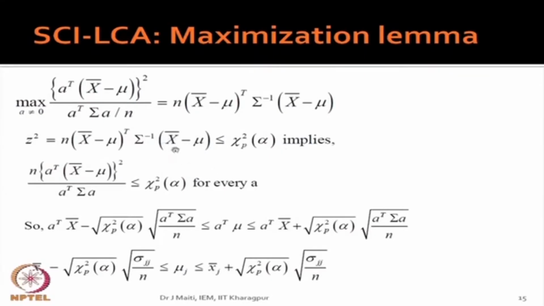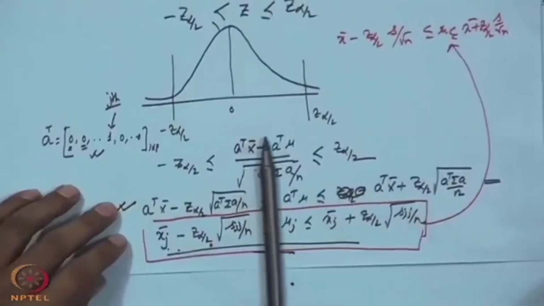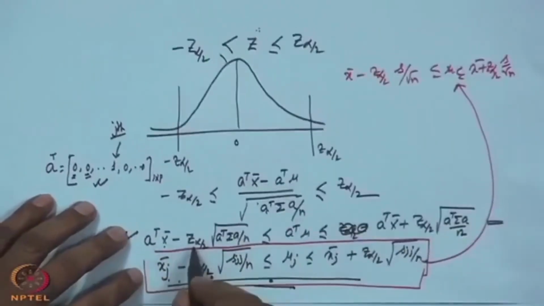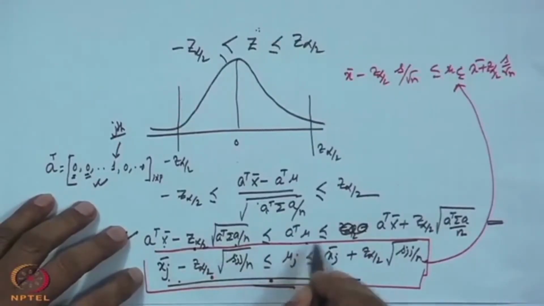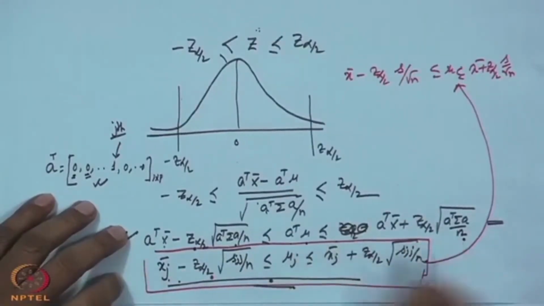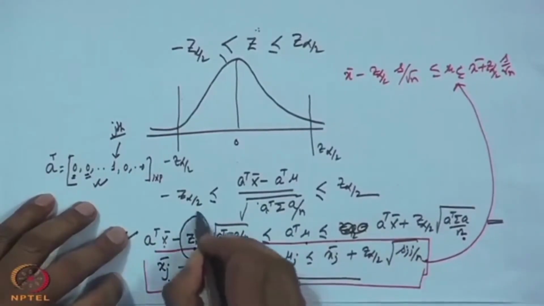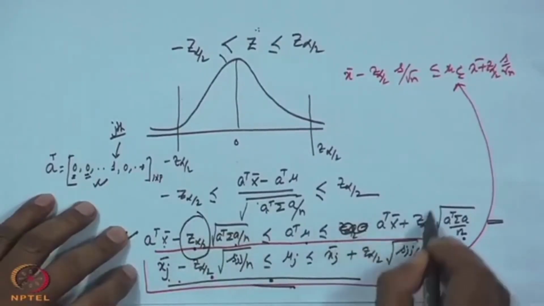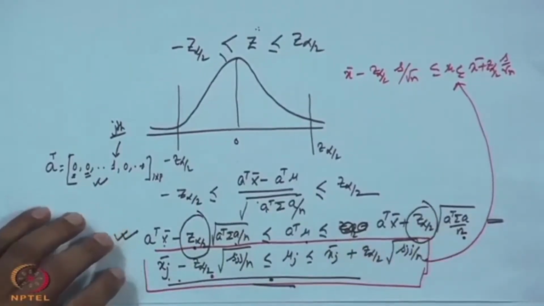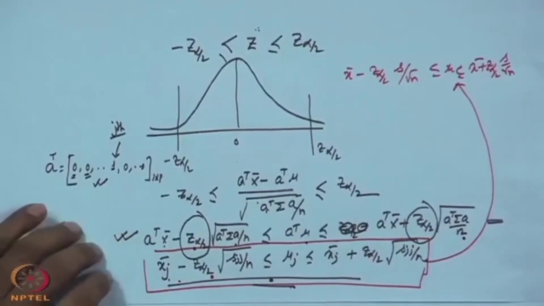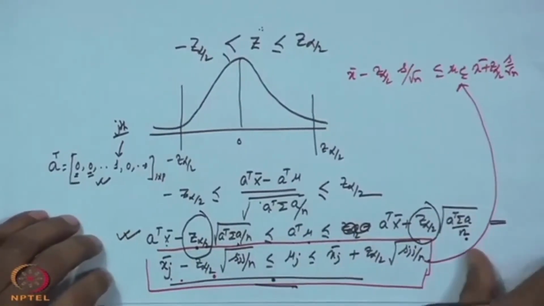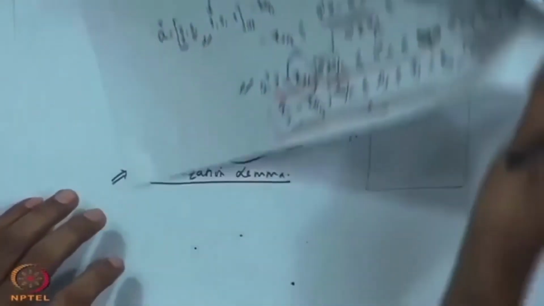Now, with this modification you write the earlier equation. What have you written earlier? You have written A transpose x bar minus z alpha by 2 less than or equal to this, less than or equal to this. So this z alpha by 2 will be replaced by the square root of chi-square p alpha.